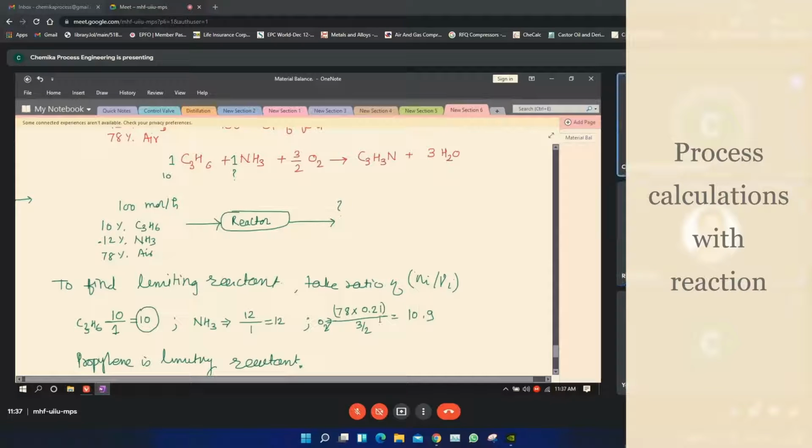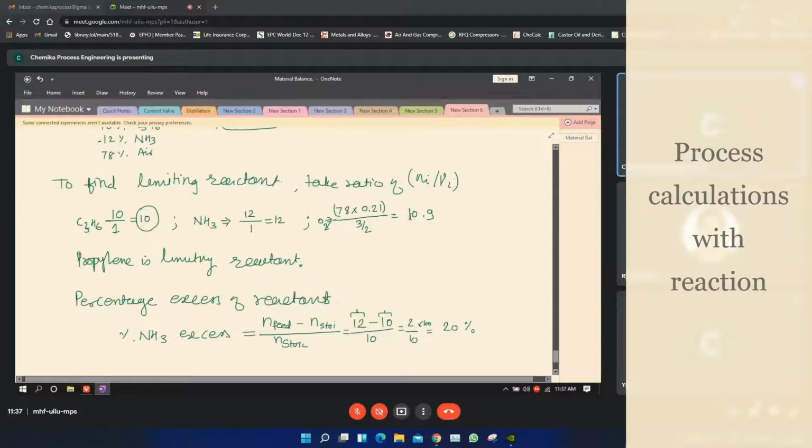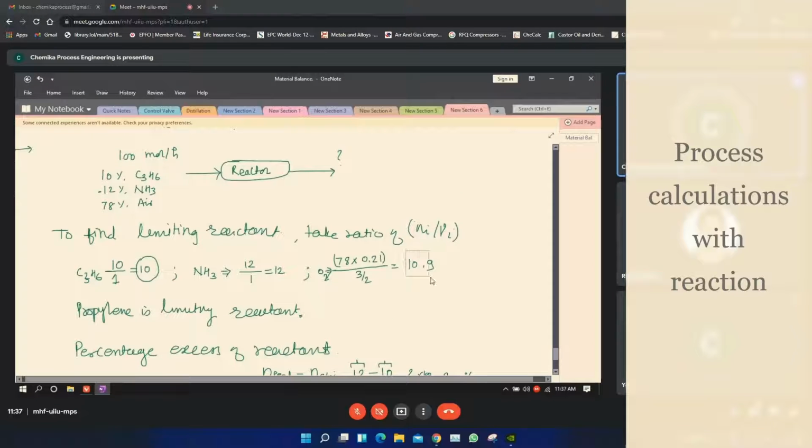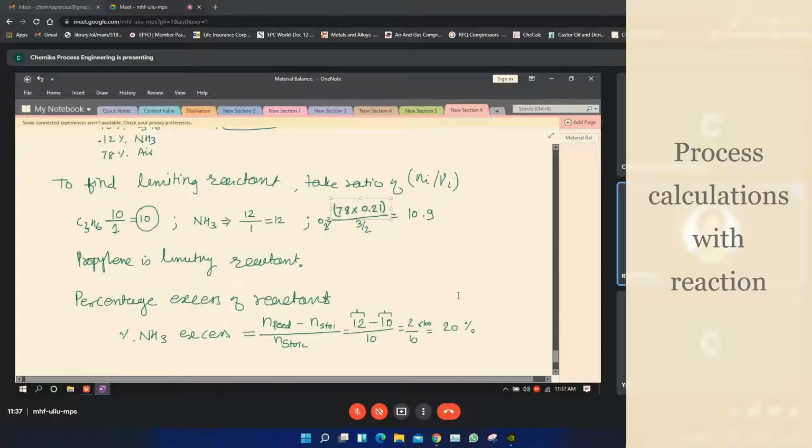This is not actually the moles, it is a ratio of feed to the stoichiometric number. Now out of that, this is your feed, 70. Yes sir, 70.